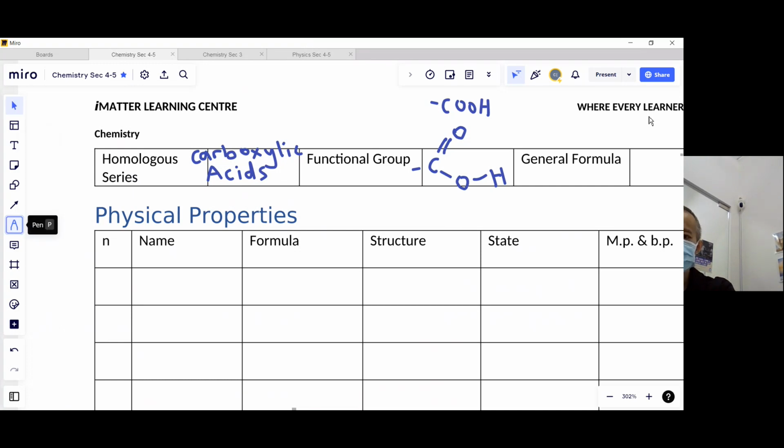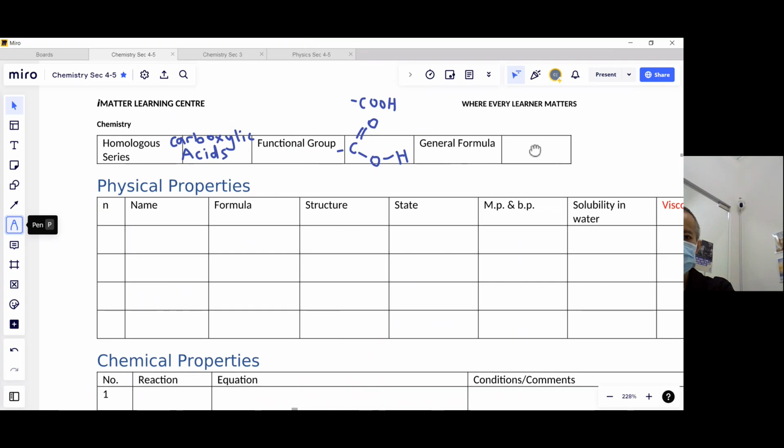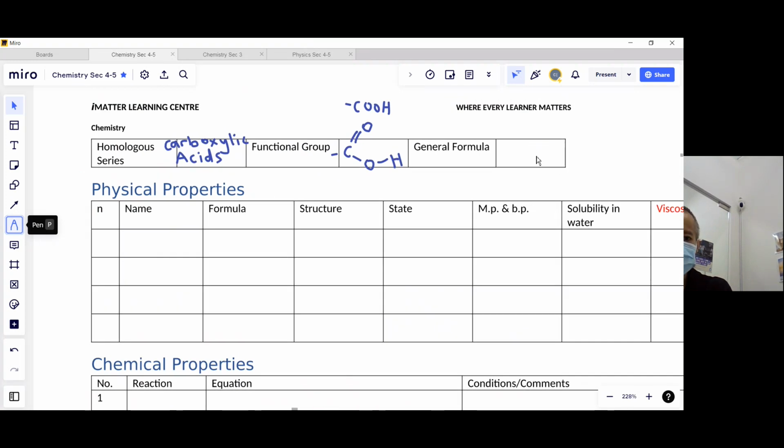General formula: CnH2n+1COOH. So it's quite long. The things in bold are what you need to remember.